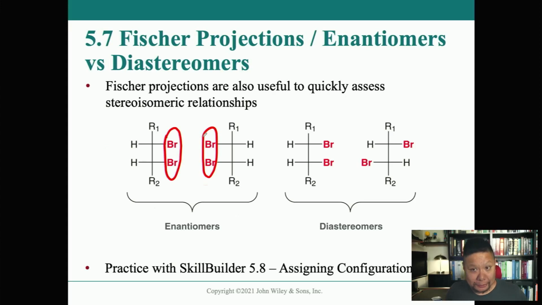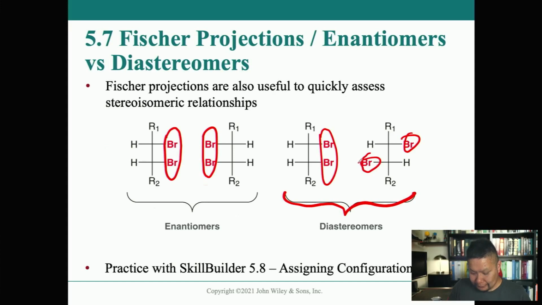Because remember that enantiomers are what? They are non-superimposable mirror images, okay? And then diastereomers, right here, are ones where the bromines are on one side in one, and in the other, the bromines are on opposite sides. And those are the diastereomers.